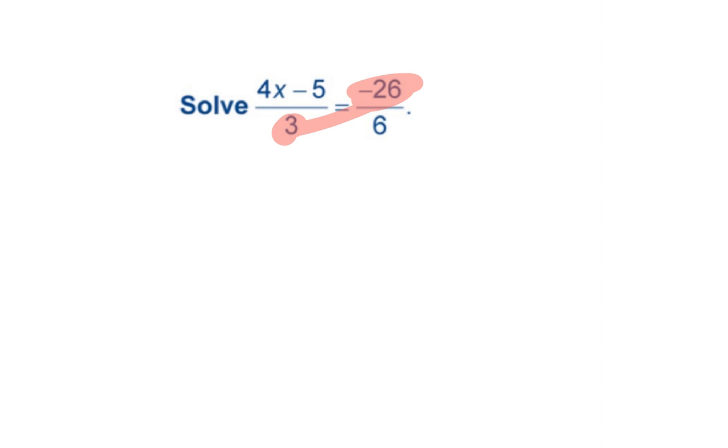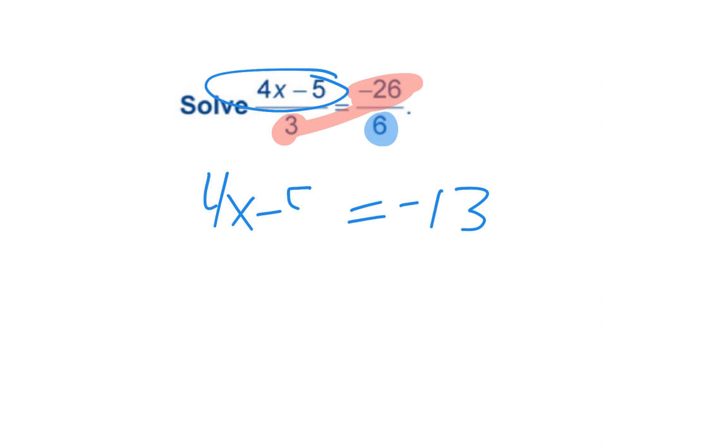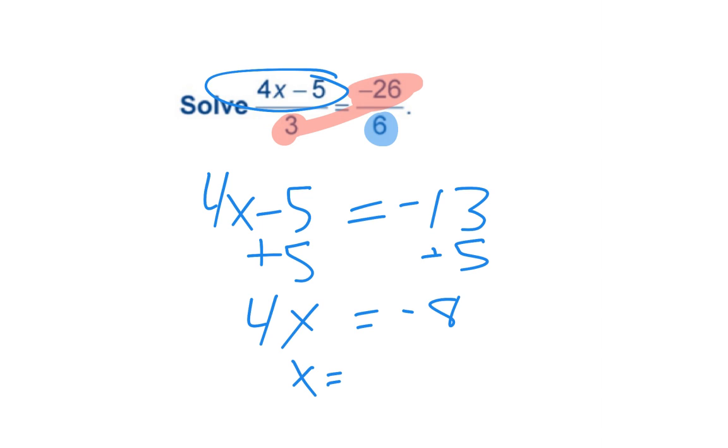And what number is by itself? 6. So divide by 6. What do you get? Negative 13. Negative 13 is equal to whatever's up here, 4x minus 5. Now finish solving. We're going to add the 5. That's negative 8. 4x, divide by 4. Negative 2.